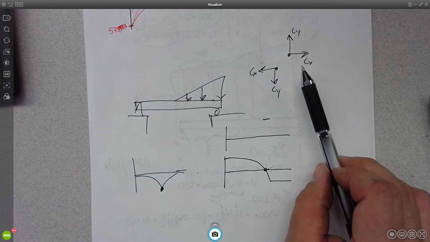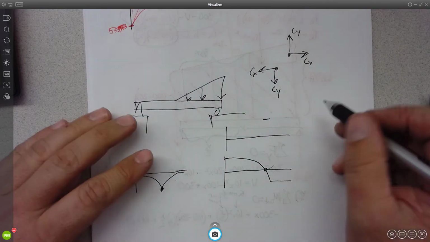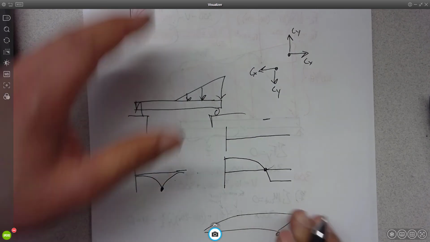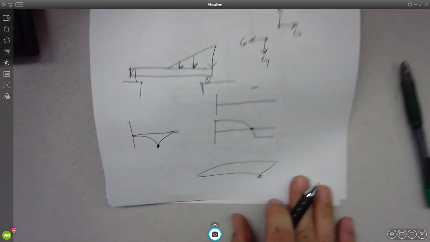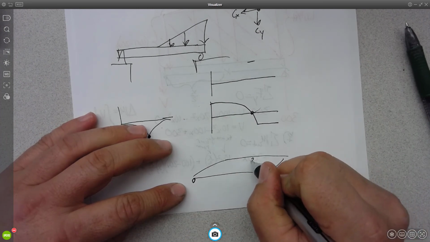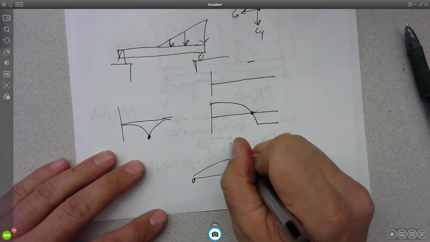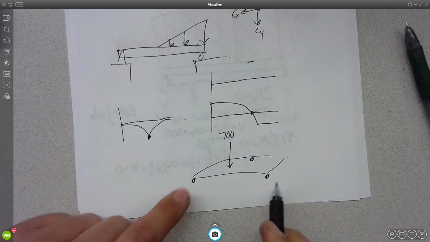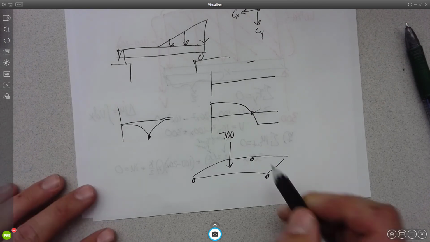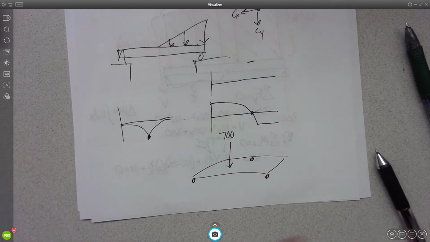The 3D rigid body is like I have a plate on the ground supported at 3 points, with a 700-pound load right here. Tell me what the force is at each of those 3 points. To do that, you sum the forces in X, Y, and Z, sum the moments about the X, Y, and Z axes, and then solve.